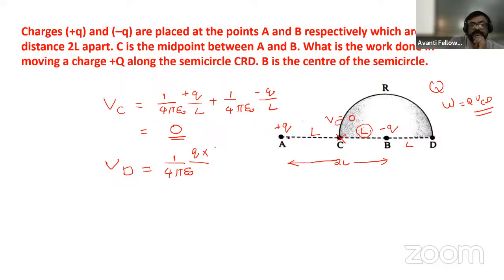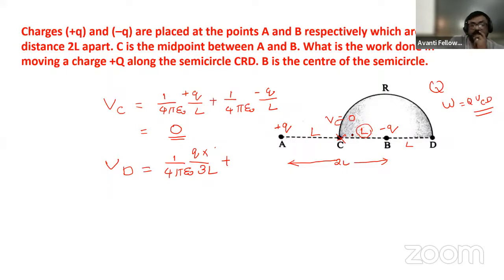What is the distance between A and D? This is L, this is L, this is also L. So what is the total distance between A and D? L plus L plus L, that is 3L. No doubt it will be 3L.